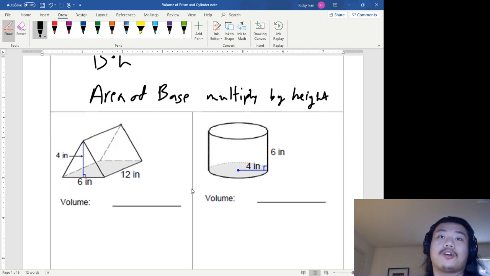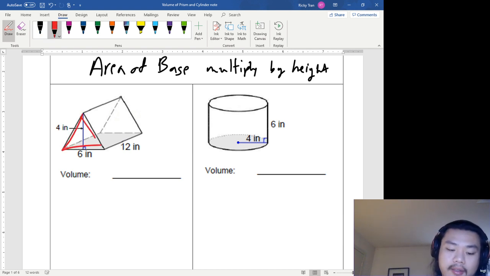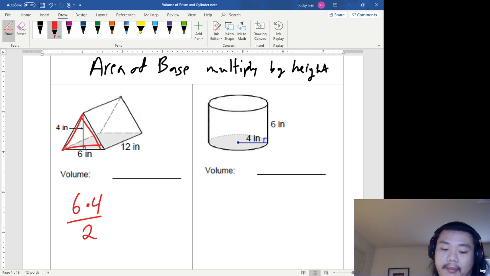So for question one, it's a triangular prism, which means the triangle is the base. So you take the area of the base. Since it's a triangle, it's the base of the triangle times the height, or 6 times 4 divided by 2, and then you multiply that by the height.